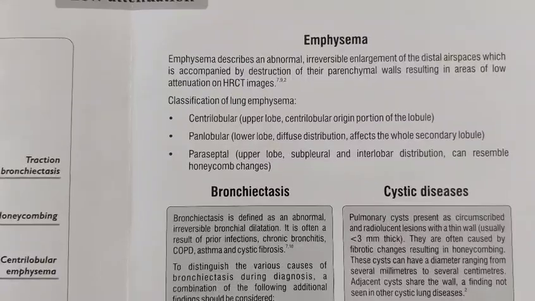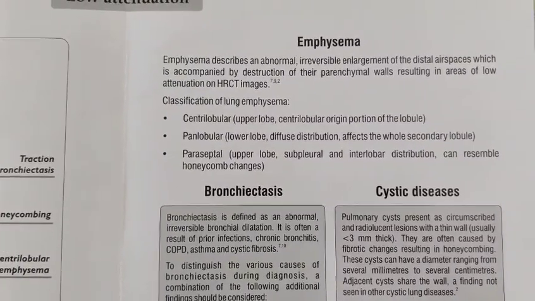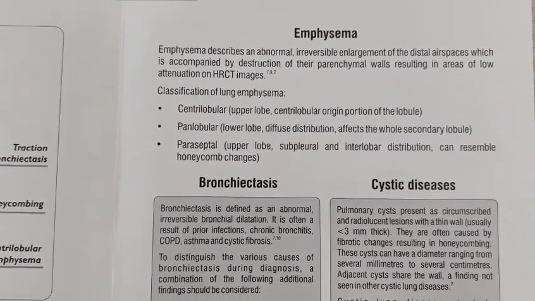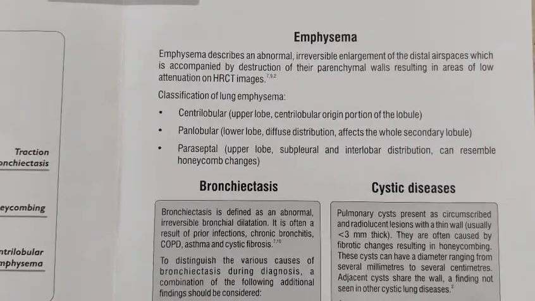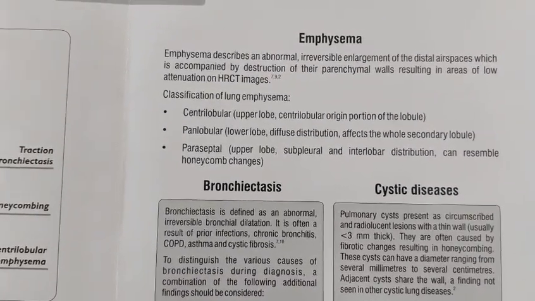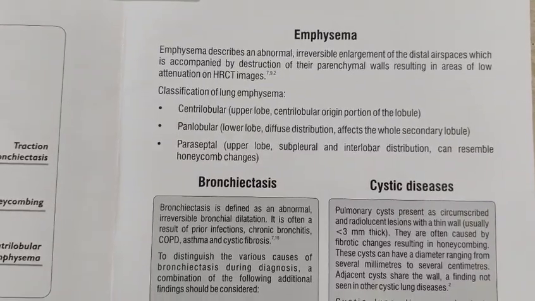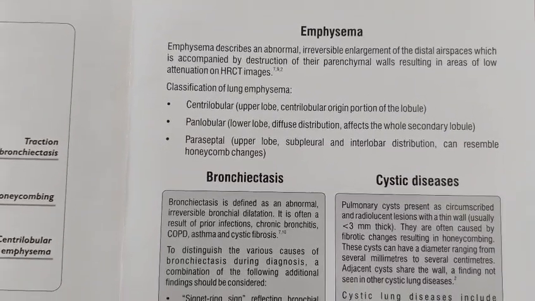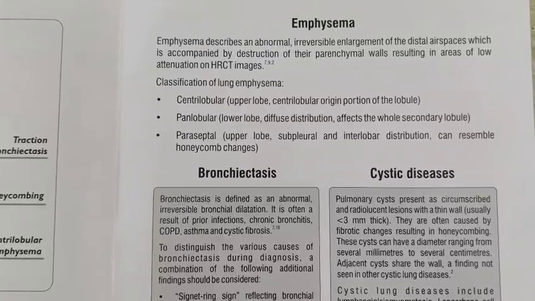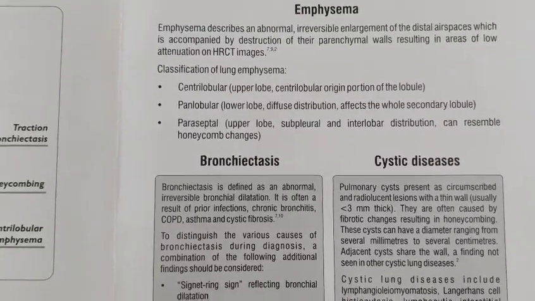Next, emphysema. Emphysema describes an abnormal irreversible enlargement of the distal air spaces, accompanied by destruction of their parenchymal walls, resulting in areas of low attenuation on HRCT. Classification of emphysema: centrilobular, panlobular, paraseptal.